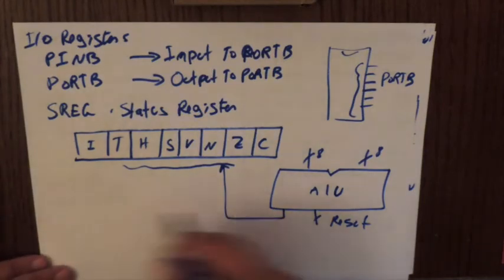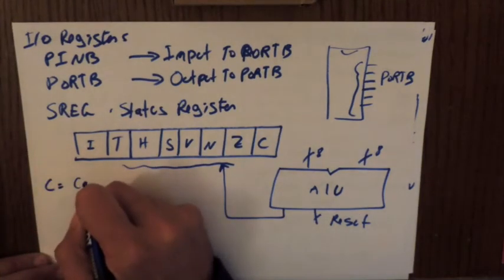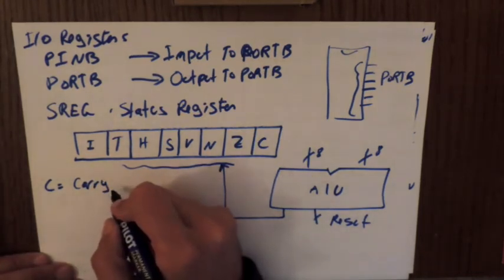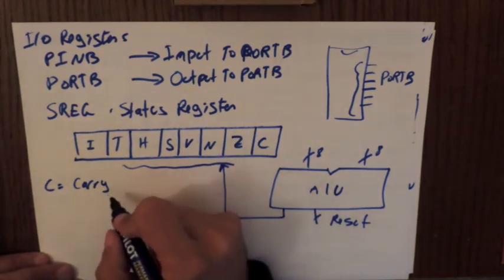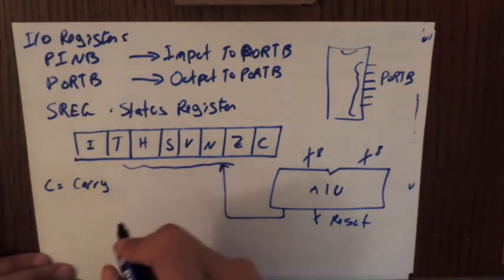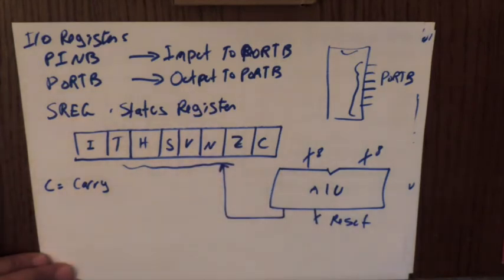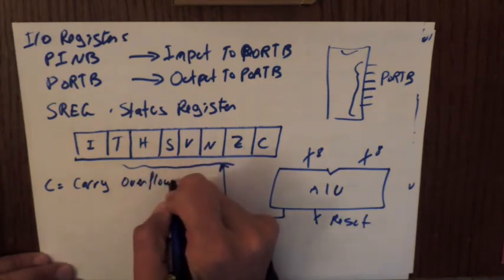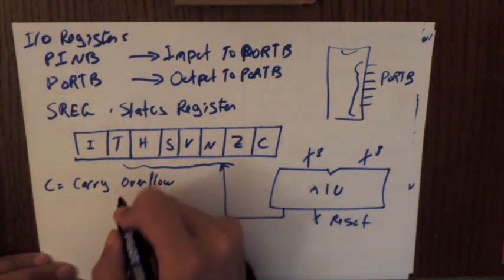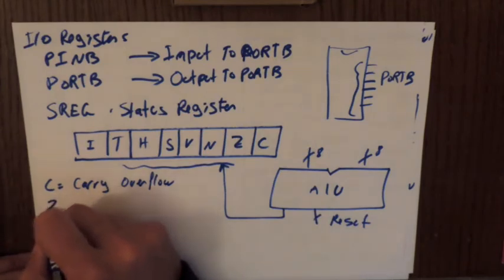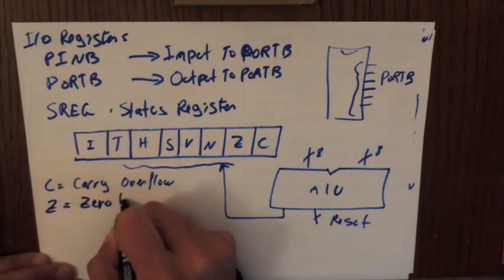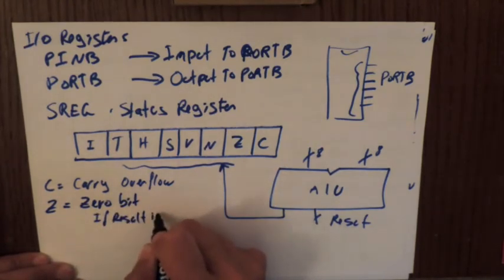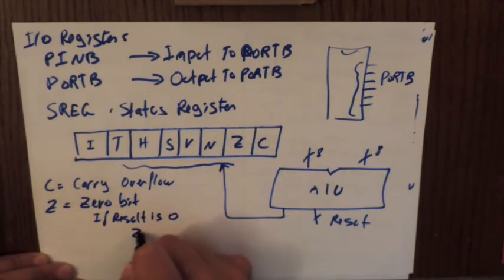So what these flags mean? C means carry. So if you add two numbers and they are above 8 bits, we will have a carry overflow. So they will not fit the 8 bits. Okay. And we have Z, the 0 bit, which means if result is 0, Z will be 1.